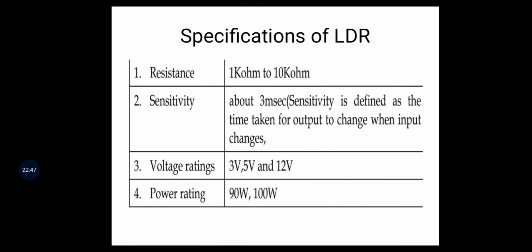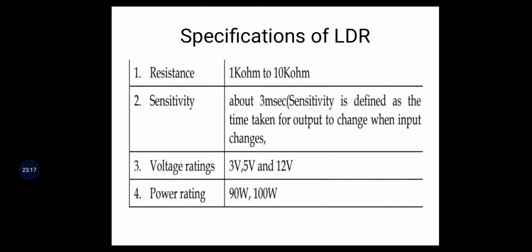Next, we are discussing the specifications of the light dependent resistor. The resistance is 1 kilo ohm to 10 kilo ohms.